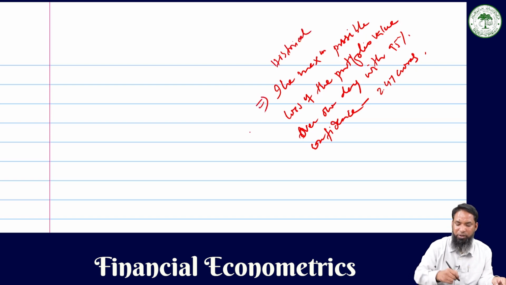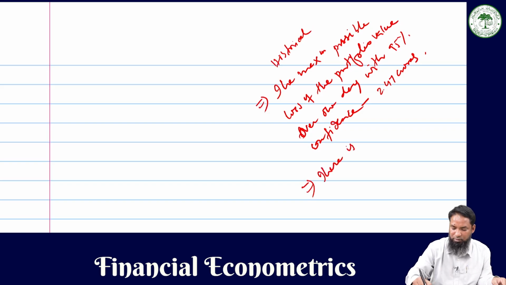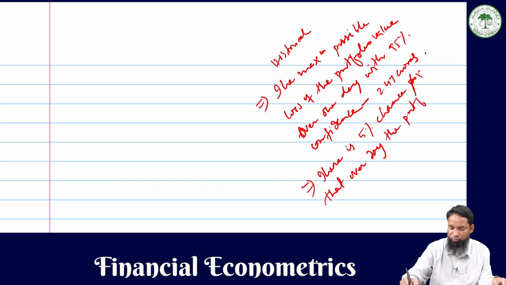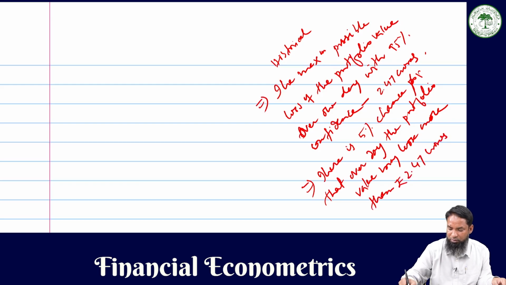Or this can be interpreted the other way, that there is a 5% chance or probability that over 1 day the portfolio value may lose more than rupees 2.47 crores.